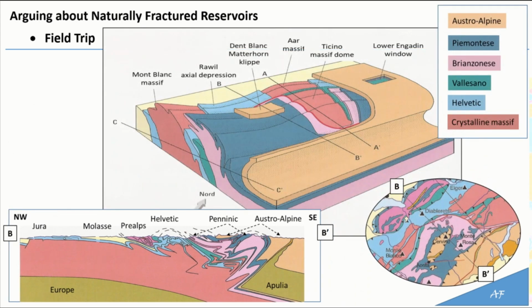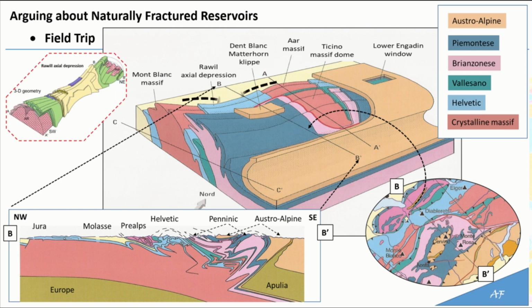This 3D sketch shows the Alpine building characterized by the northwestward verging anticline, presenting an axial depression. It is in this depression that the rocks of the highest nappes are preserved by the erosion, like the Austroalpine Dent Blanche and Mont Mort klippen, and the Helvetic nappes in the Rawil axial depression.